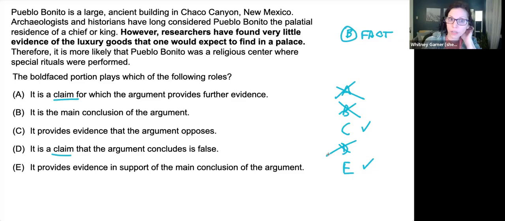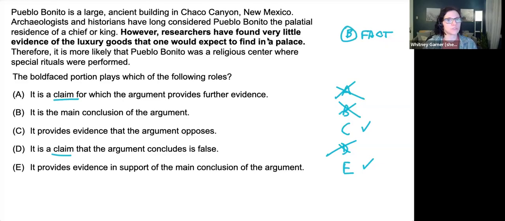Now, all I'm left to come up with is always my first pass through. If I've still got multiple answer choices, my job is now to figure out what's different about these answer choices, or how this boldface piece fits into the actual argument. So let's give it a read.